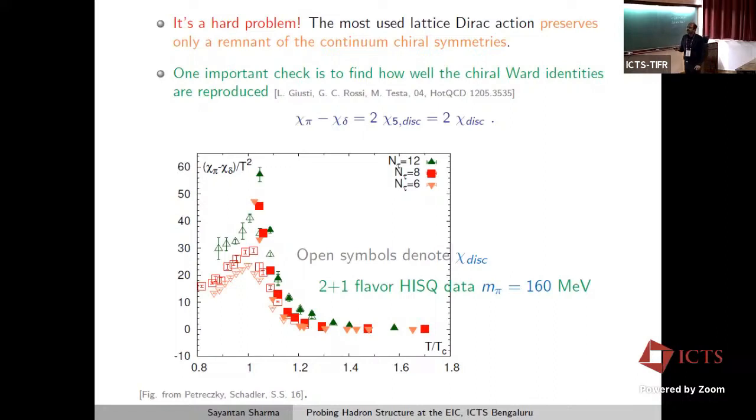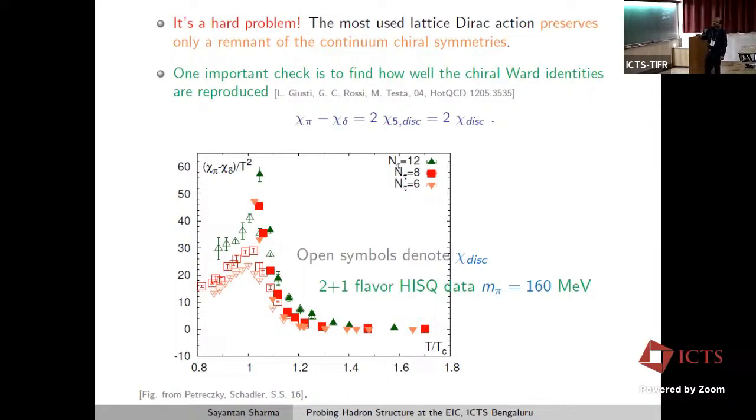This is one of the checks which tells us how well the chiral Ward identities are satisfied. And in our studies a few years back, we saw this with the staggered fermions, the highly improved staggered quarks. Here chi pi minus chi delta is the left hand side of the equation, shown in solid symbols. And as you go towards larger values of N tau, you are going closer and closer to the continuum limit.